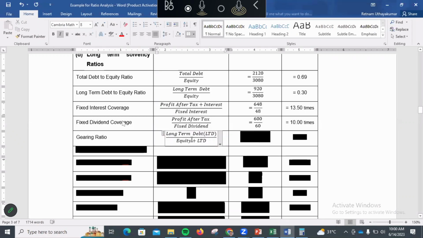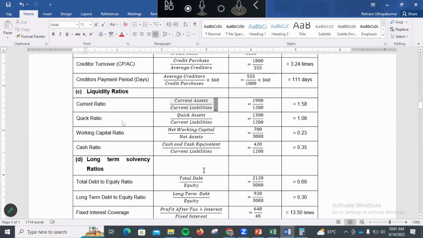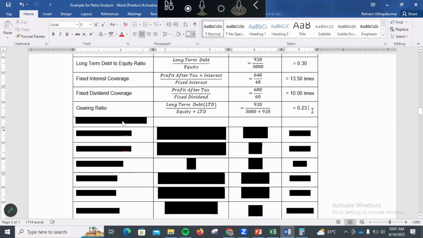Long-term debt you have already identified as 920, plus equity you have also identified as 4,008. Adding them you can get 4,000. So 920 over 4,000 becomes the gearing ratio.